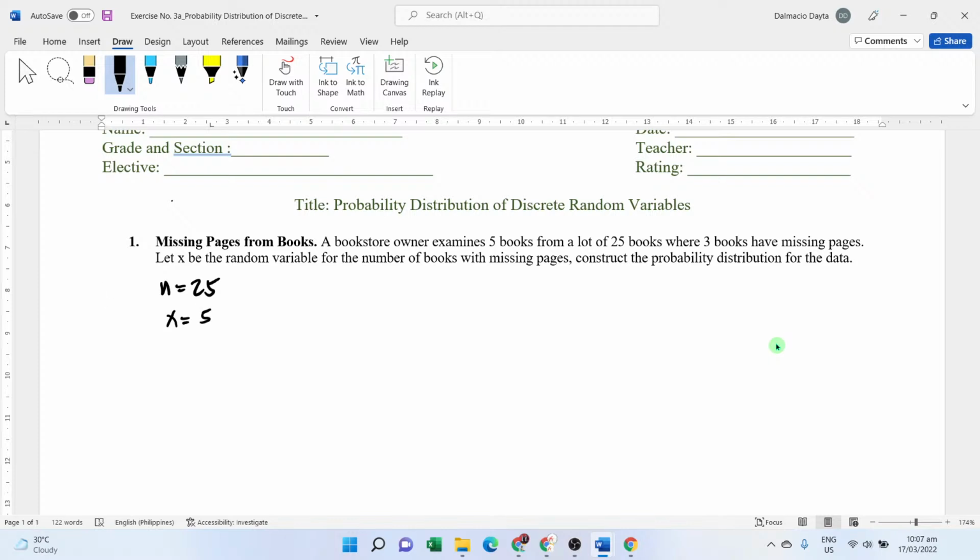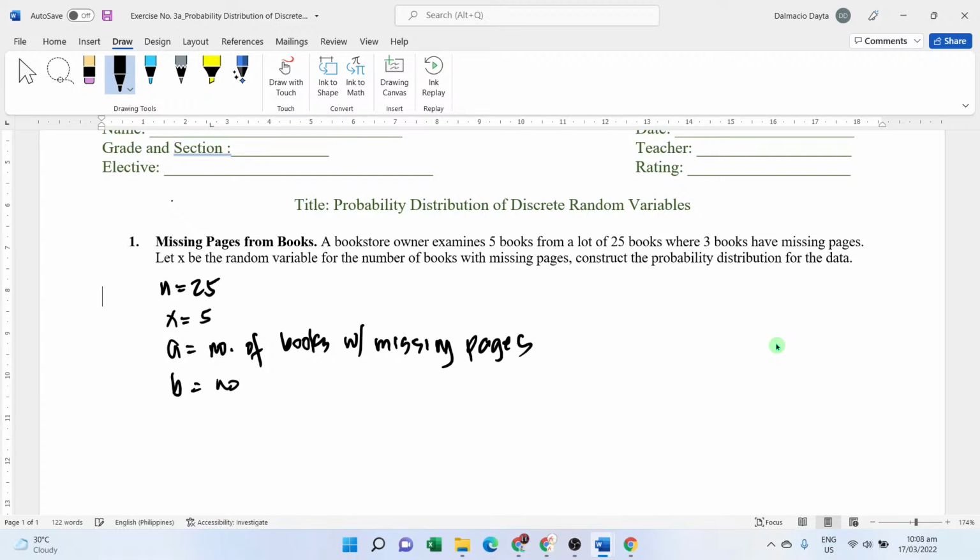All right. And then we have two types of objects here, as I said, one with missing pages and the other without missing pages. So let A be the number of books with missing pages. Check your representation in your exercises.